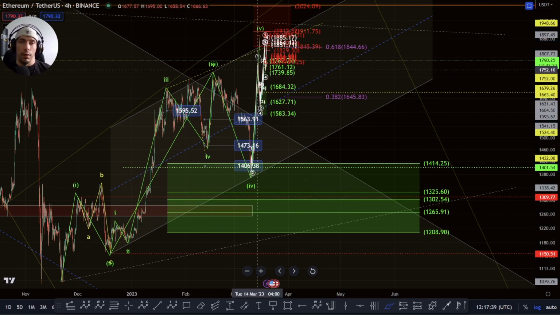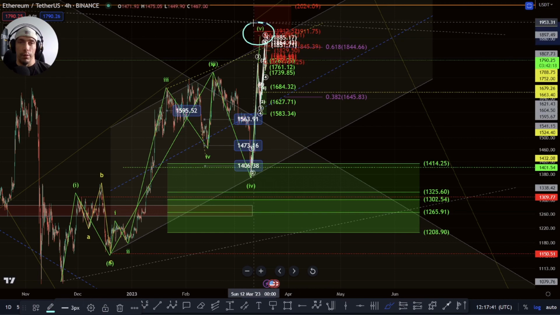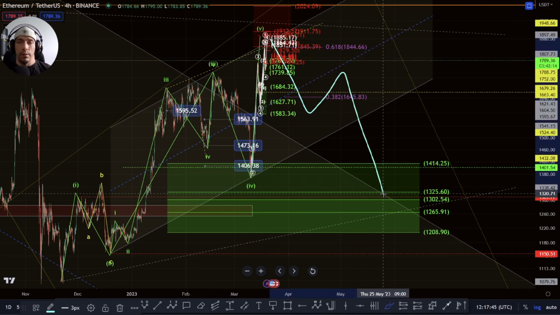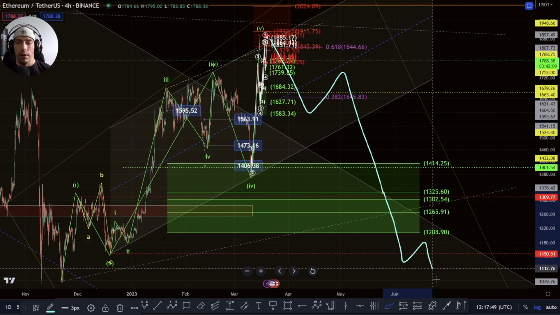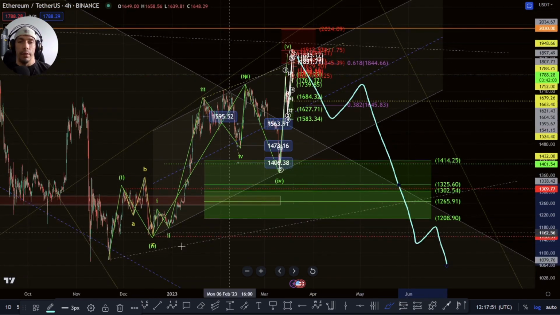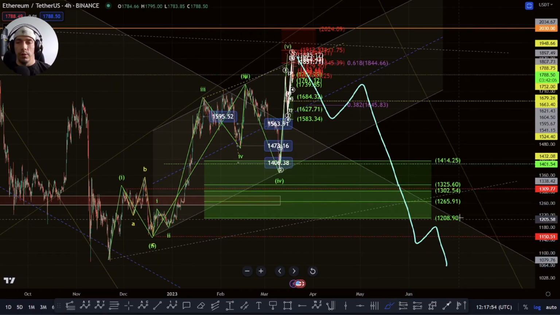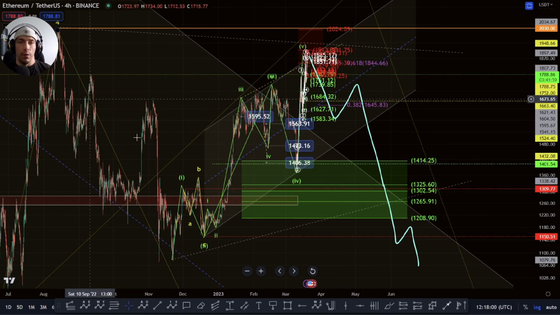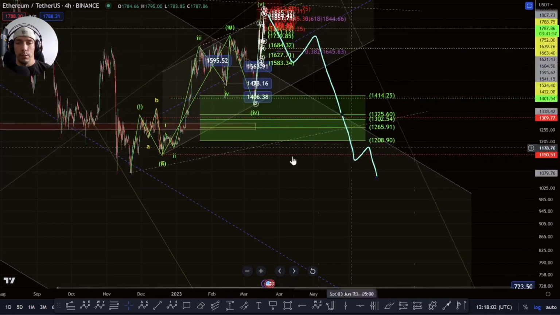Or alternatively, like I said, if this is a 5-wave move here, we could also see this play out as that B wave. Or if this does start to extend to the downside, we have to be careful of losing this low. Once we start to lose this 1208, it becomes more likely that we're going to have another low here, where this whole move would become potentially a fourth wave.